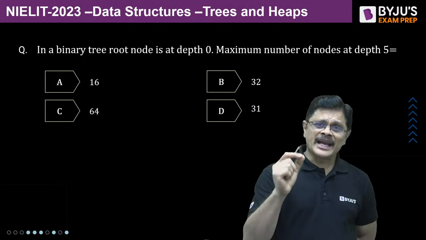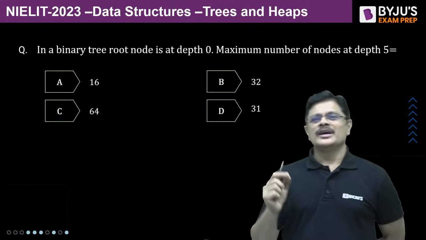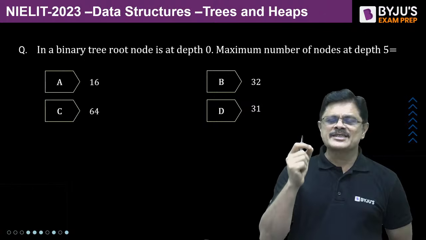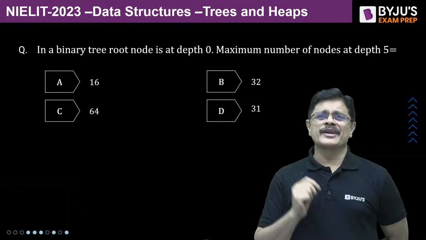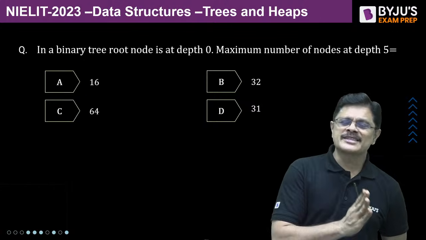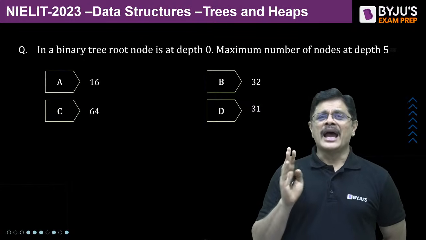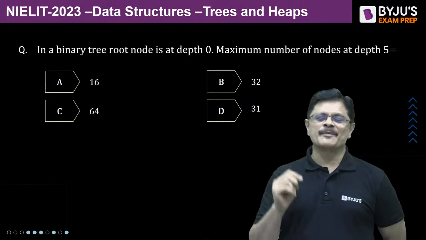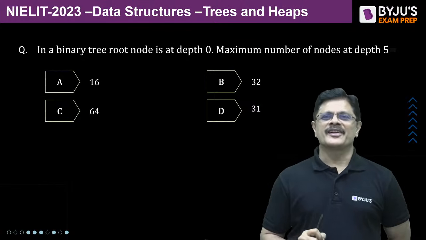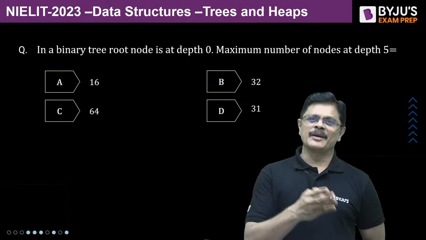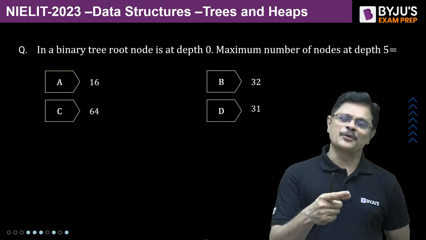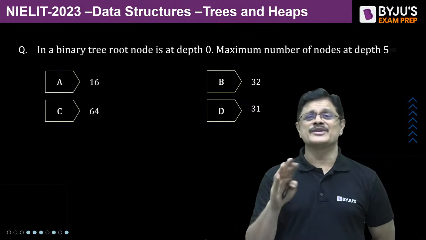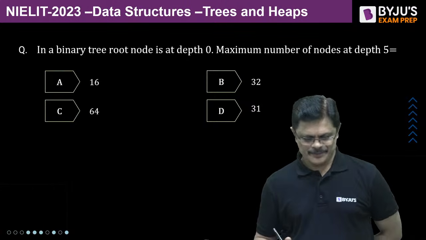It can be either empty, or if it is not empty, it will have a special node called root and two subtrees called left subtree and right subtree, and both left and right subtrees are binary trees. That is, they can be empty, or again they can be binary trees where they have a root and left and right subtrees, which are binary trees.